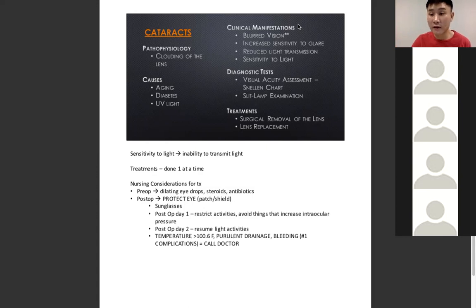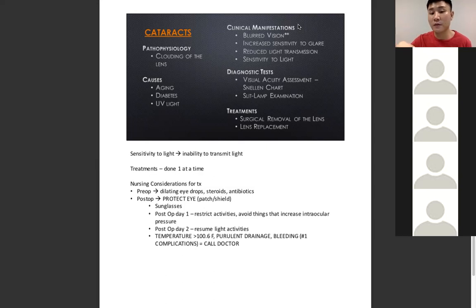And because we give them steroid, the immune system is suppressed. So that's why we have to give them antibiotic, to prophylactically prevent any infection that may occur during the surgery, because cataract surgery is invasive. They literally cut off the lens, so there's involvement of a foreign object in the body, and therefore there might be a risk of infection.